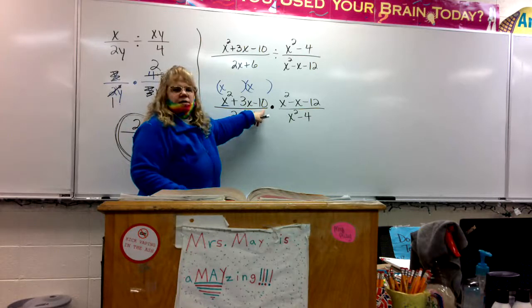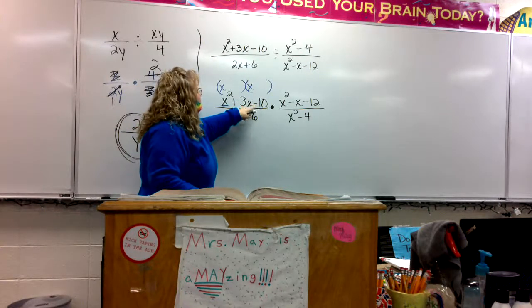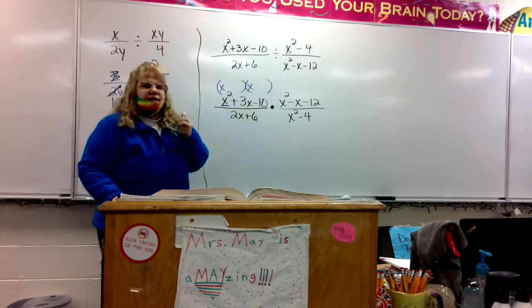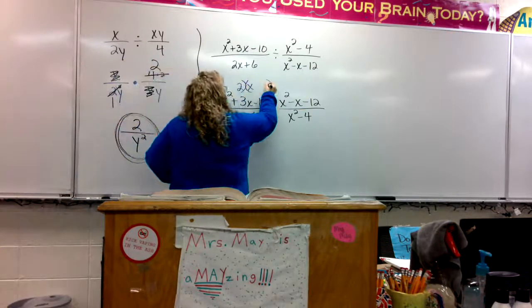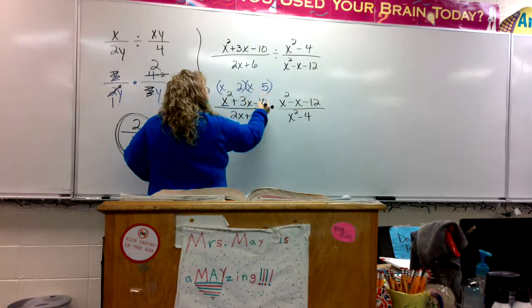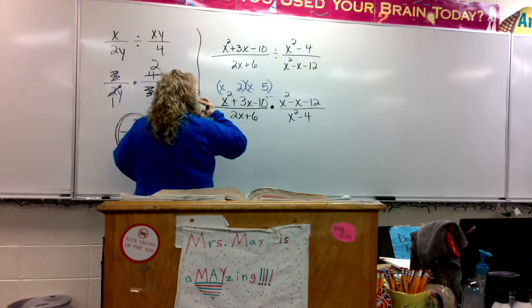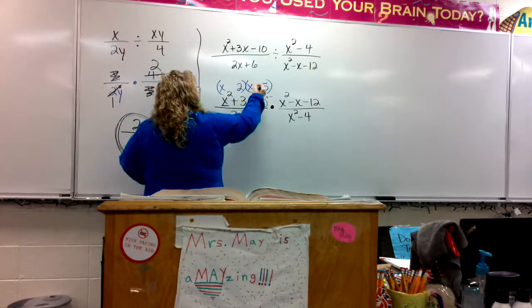It's a 10. 1 and 10, 2 and 5. They have to subtract to 3. So what combination subtracts to 3? 2 and 5. It's a negative. This times this ends up being a negative. That means I'm going to have one of each. Remember, look to the middle. The big one gets what's in the middle.